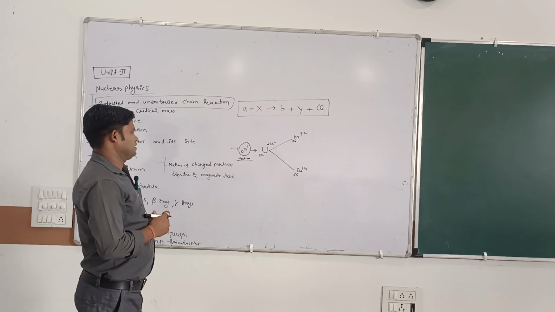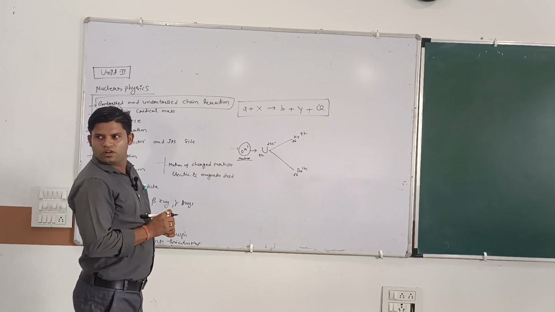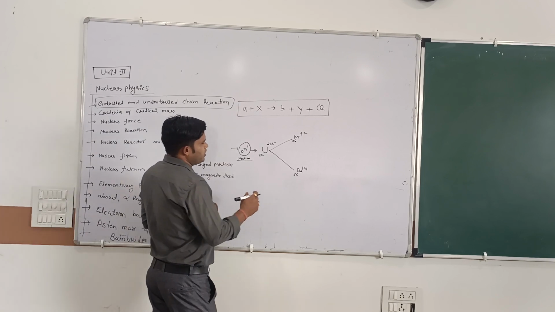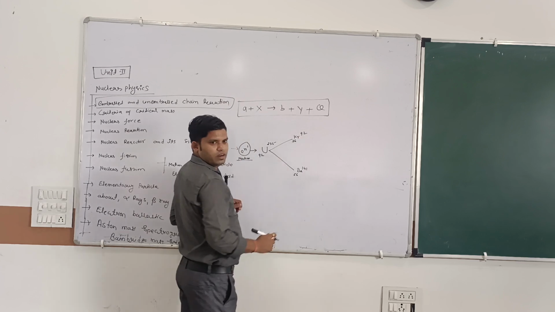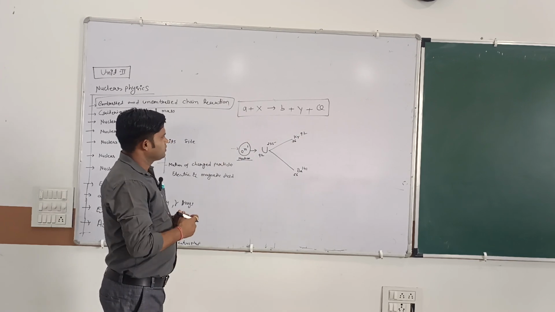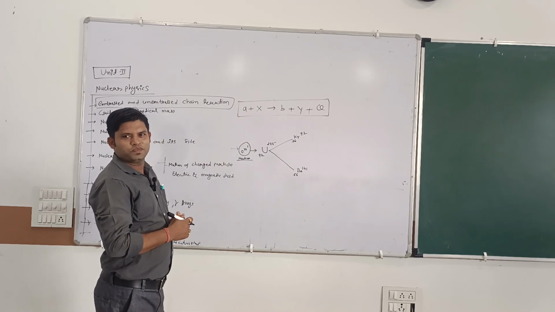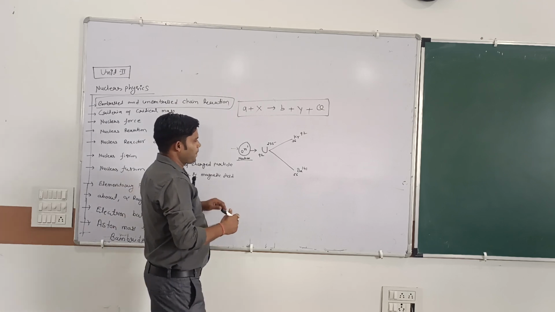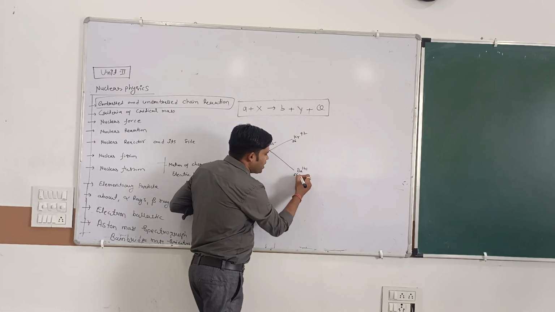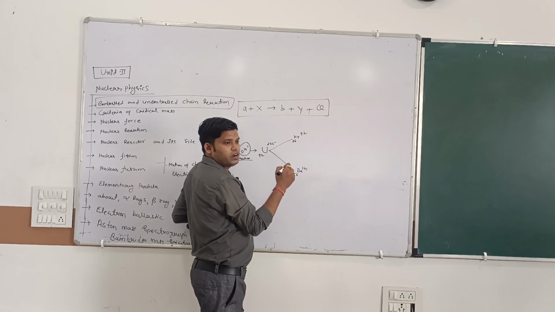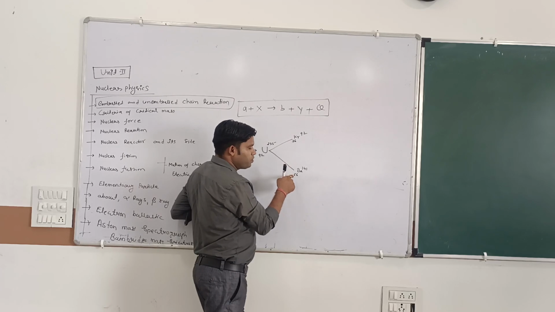Correct or not? The atomic mass is roughly double the atomic number.